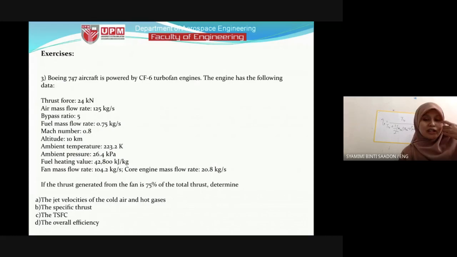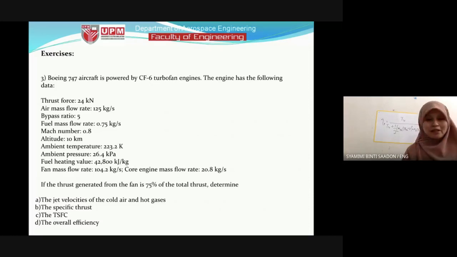The fan is actually from the cold, from the bypass. And the specific thrust is thrust over mass flow rate of the air, T over MA. And the TSFC, MF over T, and the overall efficiency.